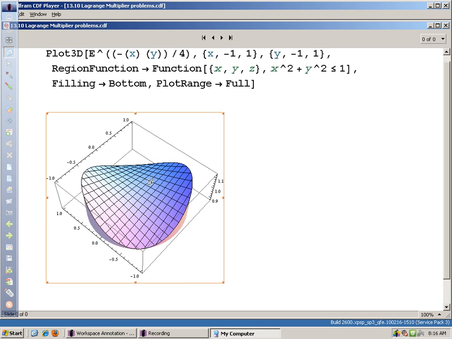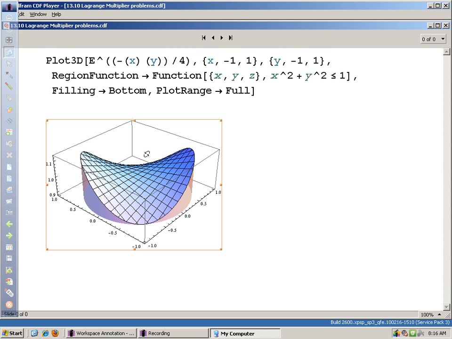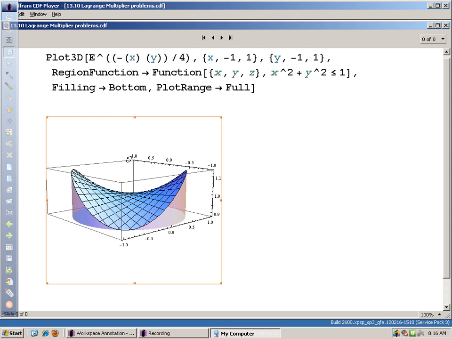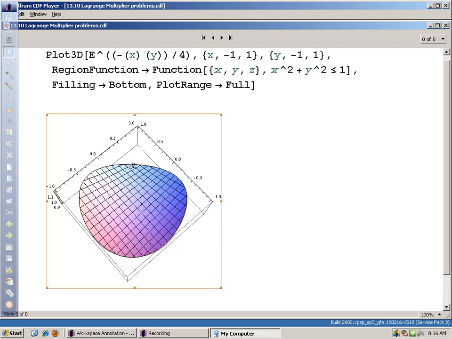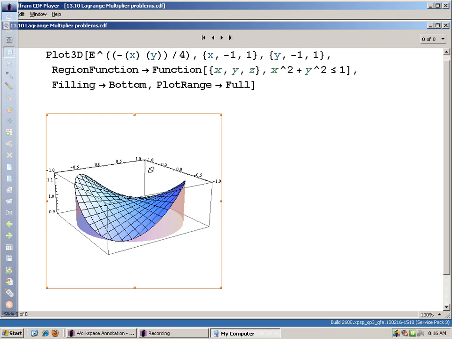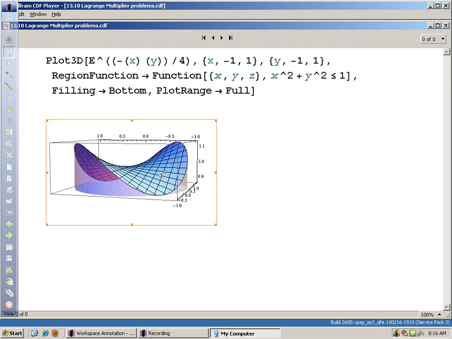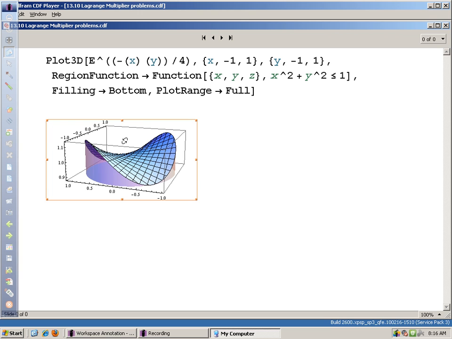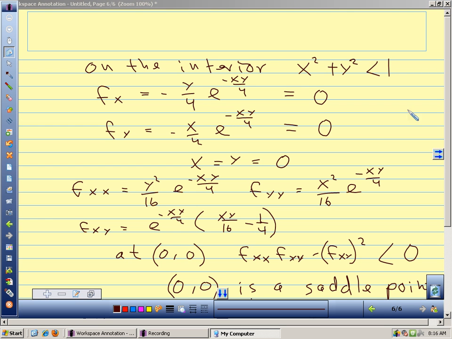So on the boundary, our maximums are here and here, and our minimums are here and down over here. So that's a graph of our surface with our constraints, and we can see what we came up with there. Any questions?